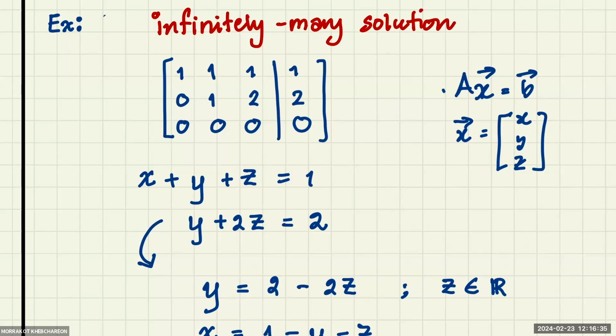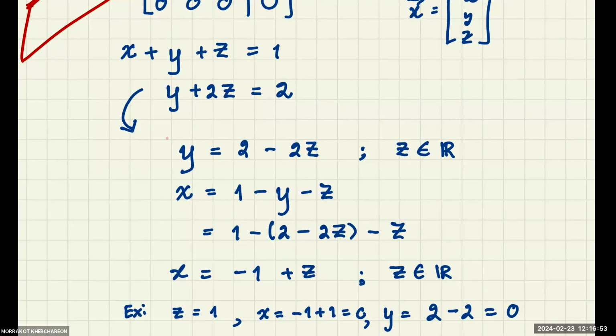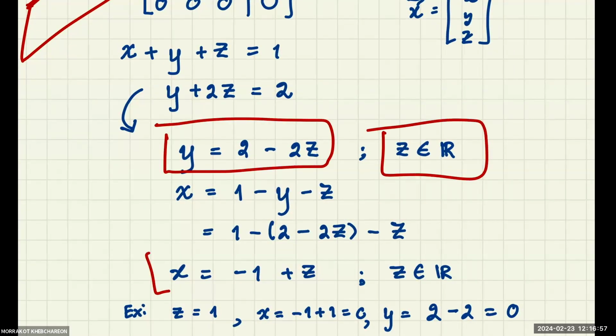Okay, this explains why you have two lines that are exactly the same. It is like two planes on top of each other. It's just one plane that satisfies this property.